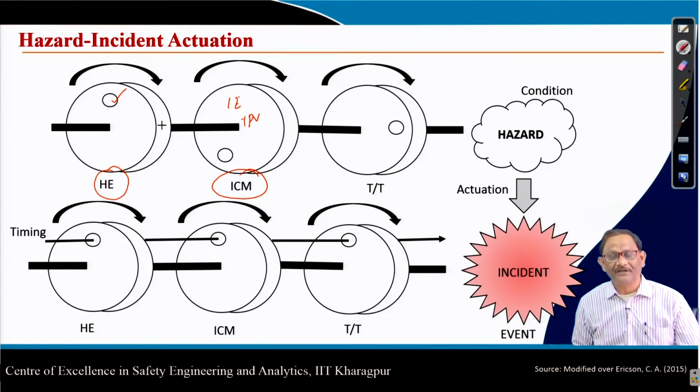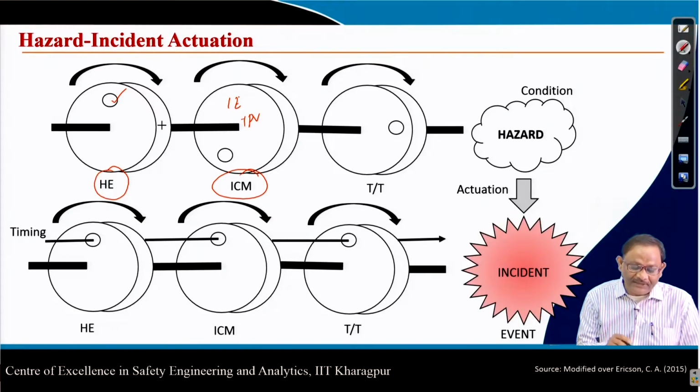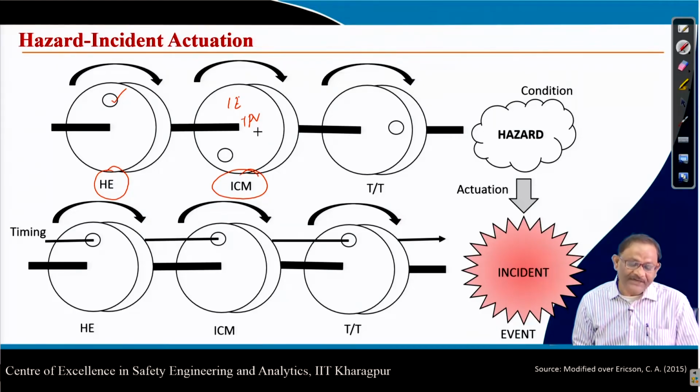Similarly, a human cannot work all the time without failure, and software cannot all the time work excellently. So there will be some events that take place which trigger the path, or the beginning of the path. Then subsequently the other elements or system components will take care, and their primary role is that they should be successful so that the hazard will not become an incident, but they are also fallible in nature, and they are the pivotal events.